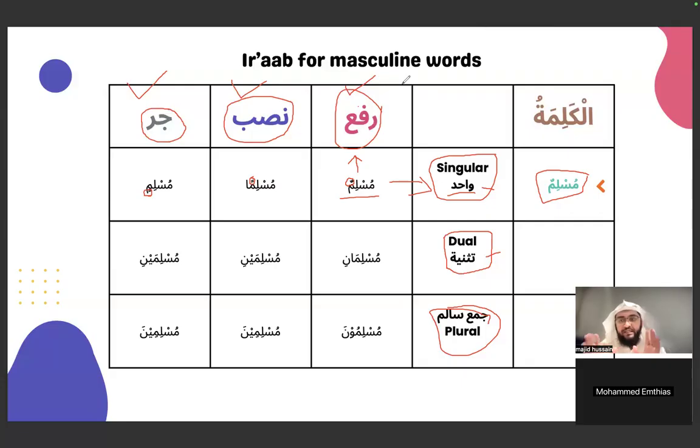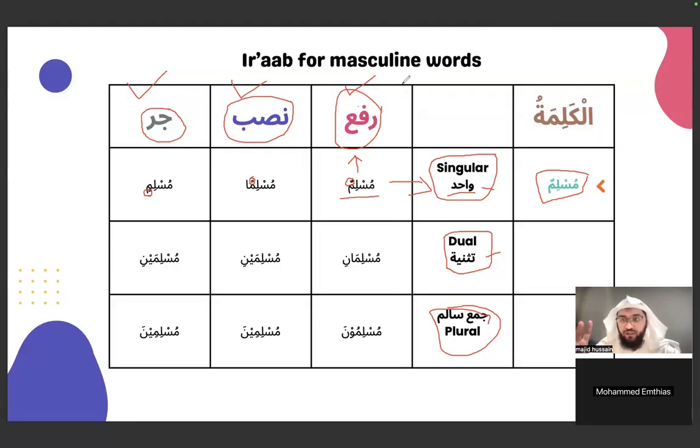Rafa is the name of a state of an I'raab. The diacritical state of a diacritical point is known as Rafa, another state is named Nasab, and another state is named Jar.